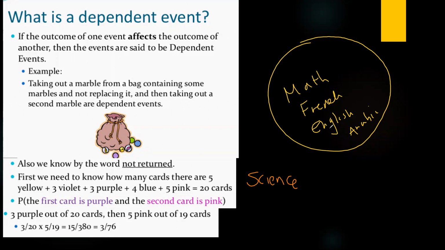Then if I go now to Basmala, which is your favorite subject? Math. So now she chose math, so then I will remove math. Then Huda, from the remaining here, French, English, or Arabic, what's your favorite subject?